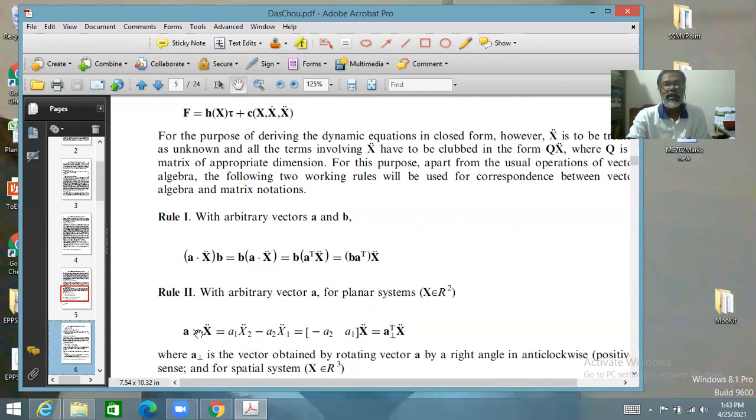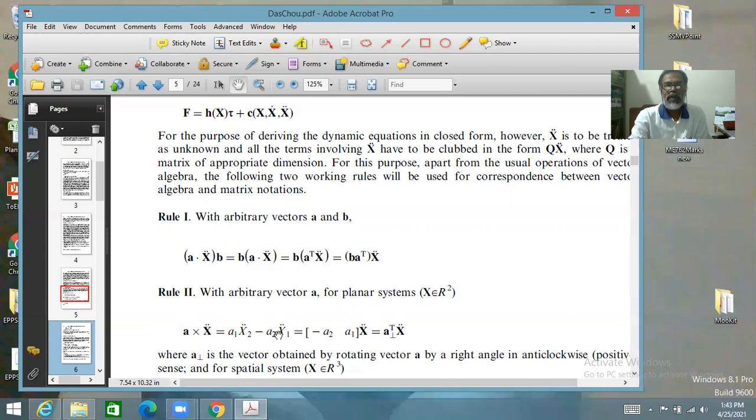Now we will handle the cross product. When you have a cross x double dot and you want to put it in the matrix sense, then what happens? First, let us see for a planar system. In the planar system, this will mean a1 x2 double dot minus a2 x1 double dot.